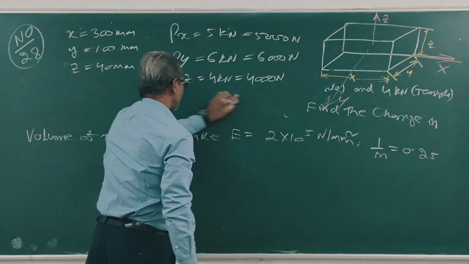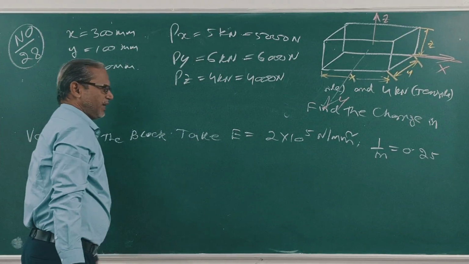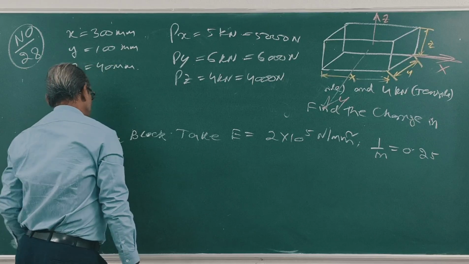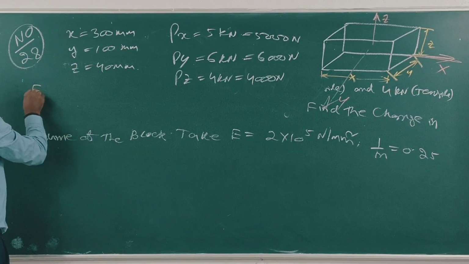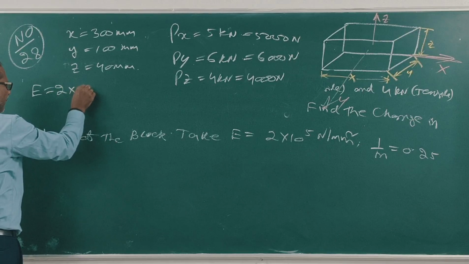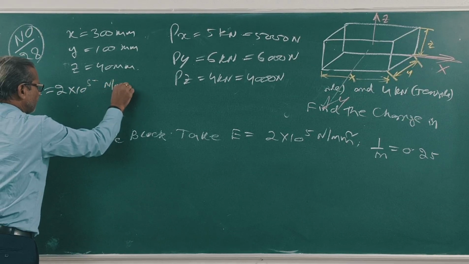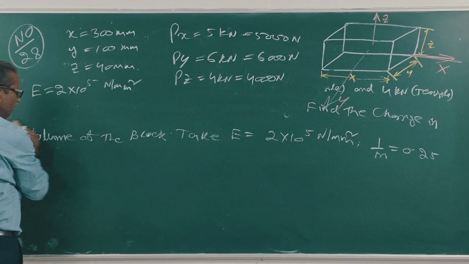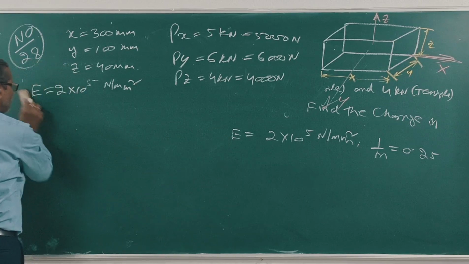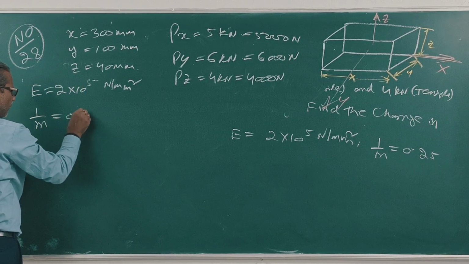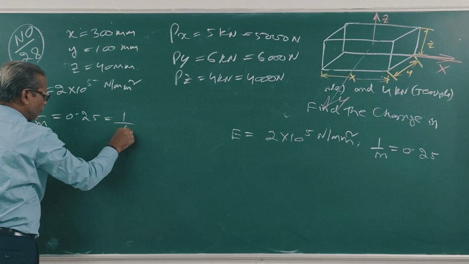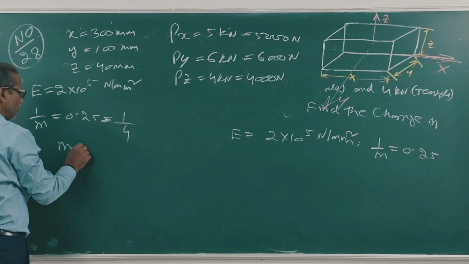Now, find the change in volume of the block. Take Young's modulus E is equal to 2 into 10 to 5 Newton per mm square and Poisson's ratio 1 by m is equal to 0.25, means 1 by 4. So what is m is equal to? 4.